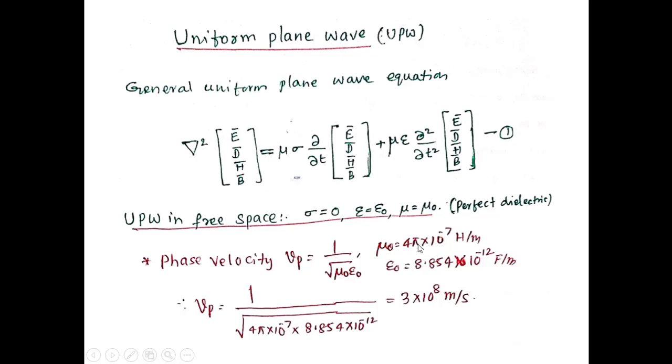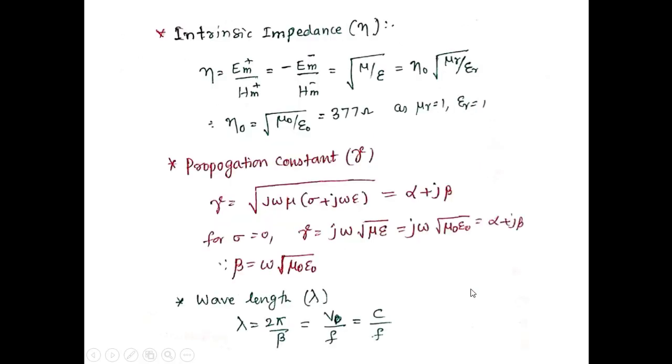Therefore, mu naught is equal to 4 pi into 10 raised to minus 7 henry per meter. The phase velocity Vp is given by 1 by under root of mu naught epsilon naught. If you substitute the values of mu naught and epsilon naught, you will get 3 into 10 raised to 8 meters per second. This is the velocity of light.